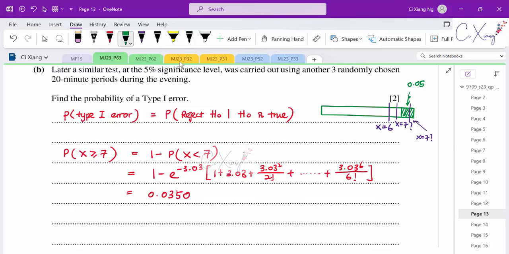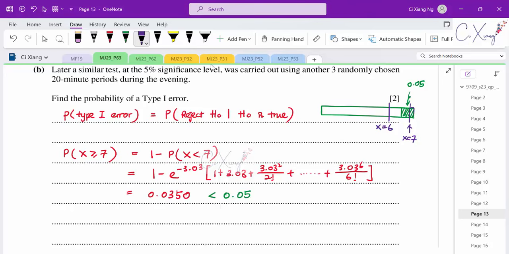And if you compare it with my rejection region, the area here is smaller than the significance level 0.05. That means what? If I come back to our diagram here, x equals to 7 doesn't fall in the acceptance region, but actually falls under the rejection region, because the area for x greater or equal to 7 is already smaller than 0.05.